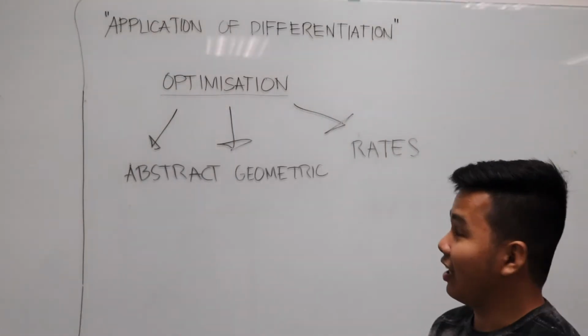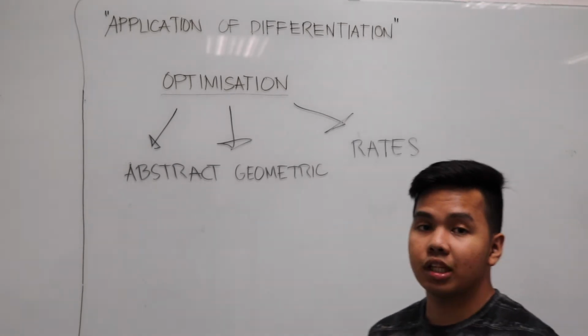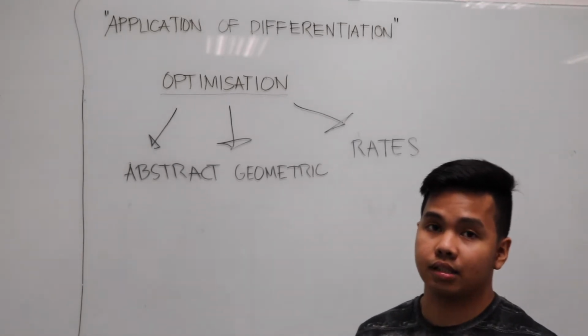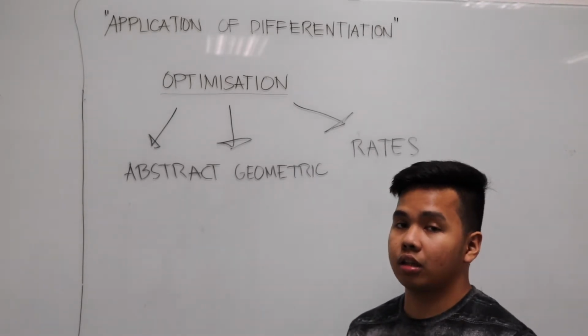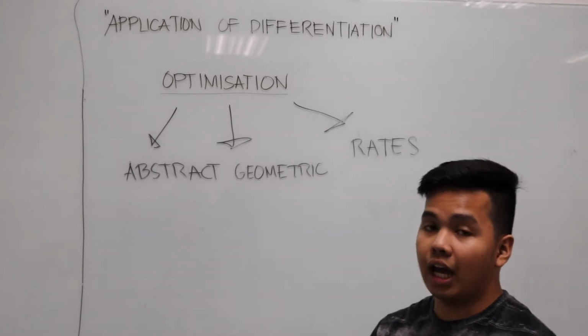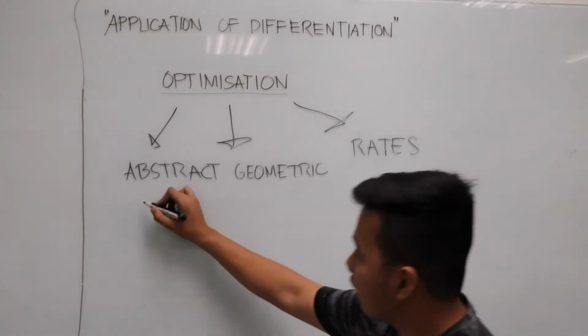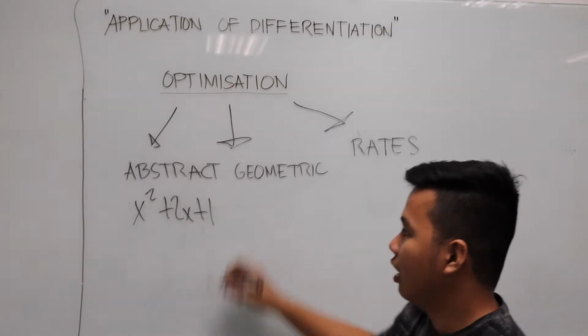Our topic for today is optimization. Optimization is the application of differentiation, or people might know this as the application of minima and maxima. So there are three categories of optimization. The first is abstract. In abstract, we deal with equations like x squared plus 2x plus 1.